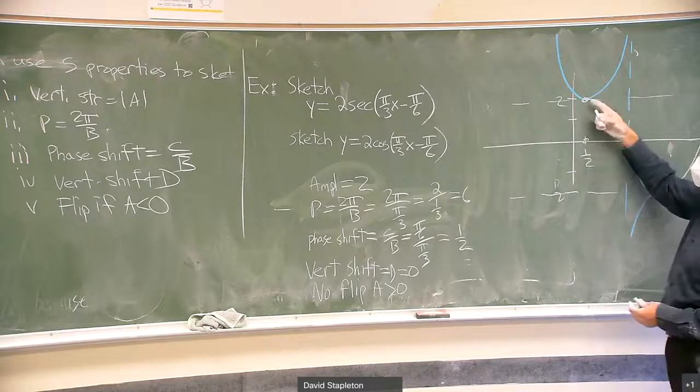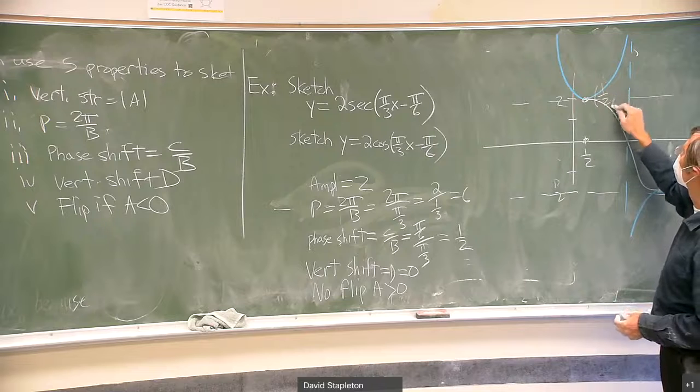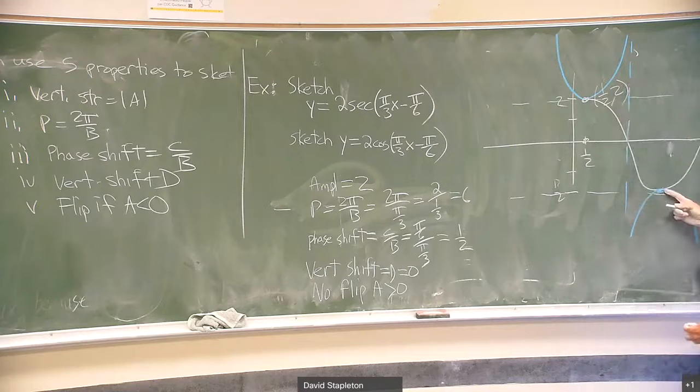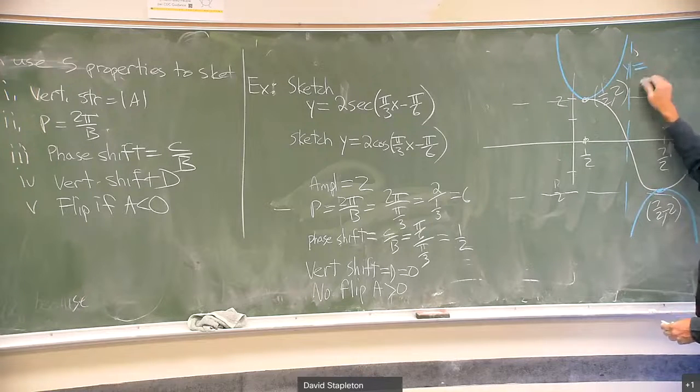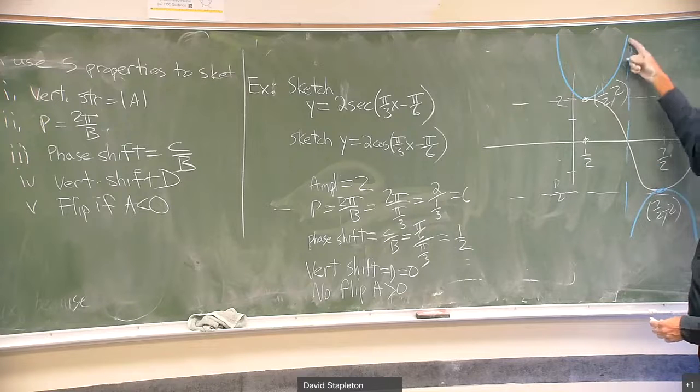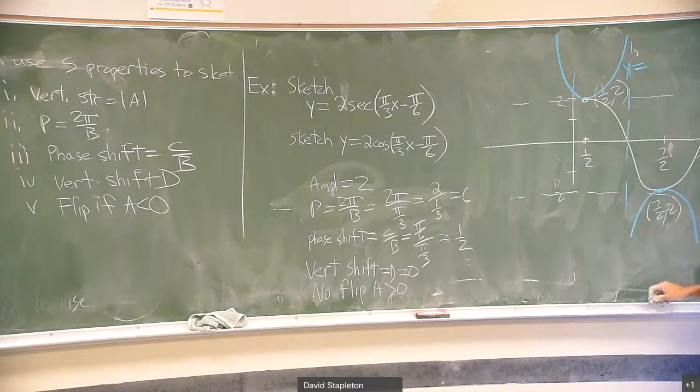For instance, this one is at 1/2, 2, so this one is at 1/2, 2. This one would be, let's see, 3 units later, it'd be 7/2, halfway between 1/2 and 13/2. This will be the point 7/2, minus 2. There we go. Well, it's out of time, but this is the secant function. I draw the cosine with the same letters and then draw the secant to touch the peaks and valleys.